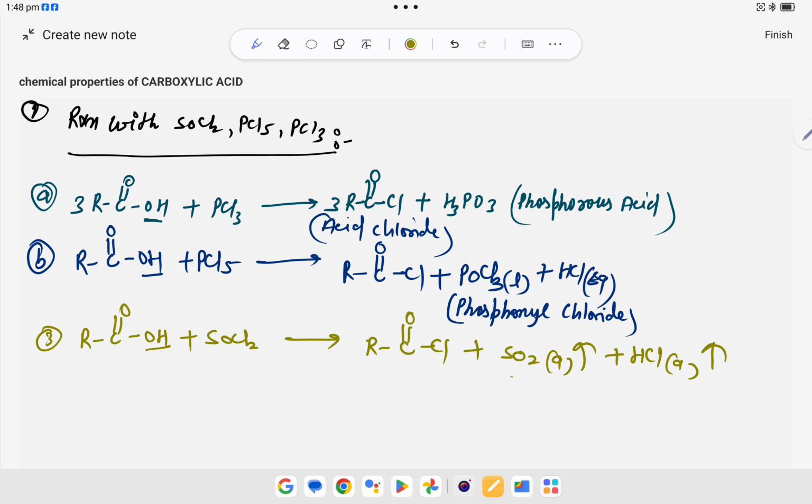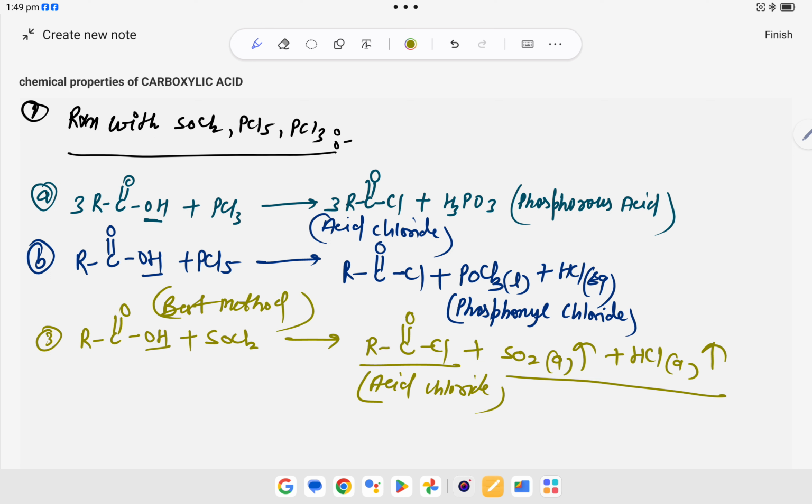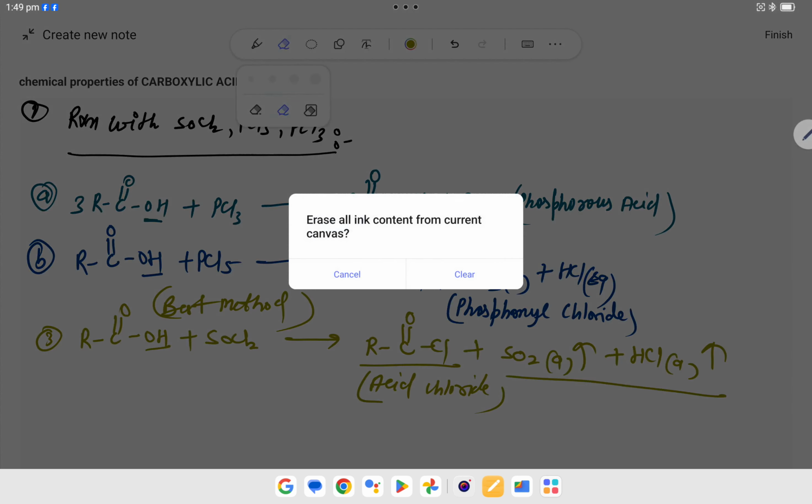All the byproducts are in gaseous state, and here this is our acid chloride. Acid chloride formed. So this is the best method, children, for the formation of acid chloride, because the byproducts are gases, they can leave the surface easily. In that case, one mechanism only I am going to discuss, from the thionyl chloride.